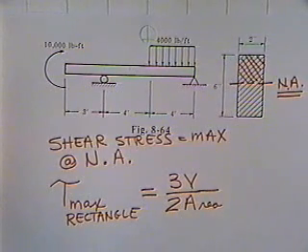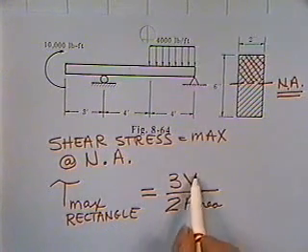The terms in the moment of inertia, with the thickness of the beam, get in with Q, and they all cancel out. And the maximum shear stress in a glue-lam beam at the center, if that happens to be a glue line, will be a point of interest: 3V over 2A.